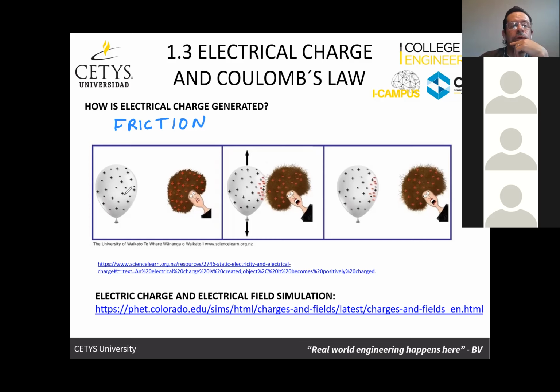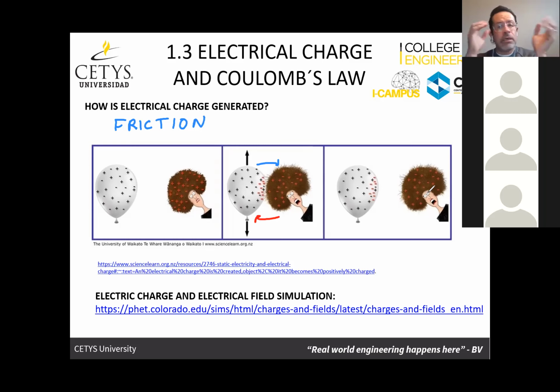So we've got the balloon, which we're going to say is in equilibrium, meaning the positive and the negative charges are the same. Then we've got somebody here with a lot of hair, where it's also balanced. And once there is friction, the movement is going to generate jumps of the electrons from one place to the other.